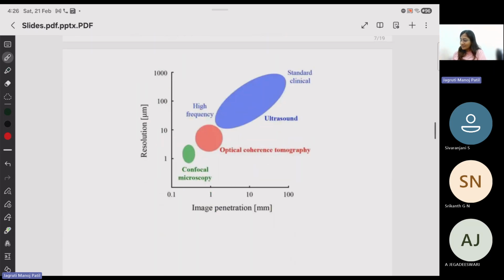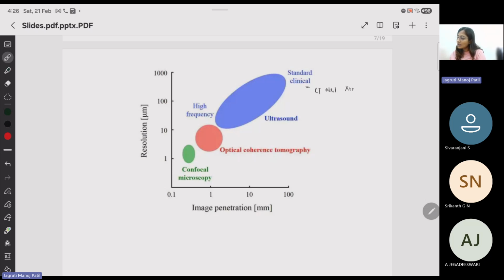So this is one good image showing how resolution and image penetration depend on each other. Confocal is a very small region, followed by OCT, high frequency ultrasound, and standard clinical imaging modalities, which follow like CT, MR, and then X-ray.